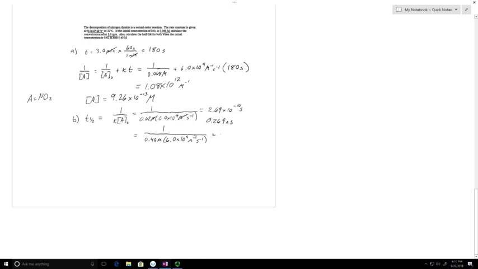And that gives us, looks like, 4.17 times 10 to the minus 10 seconds, which would just be 0.417 nanoseconds. So again, a very, very short amount of time.